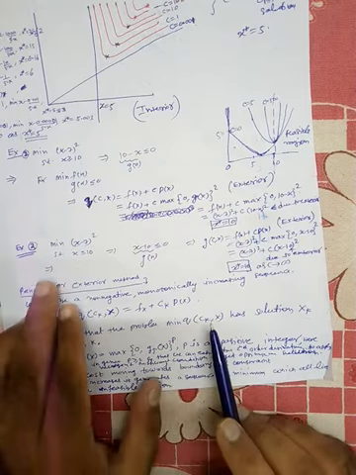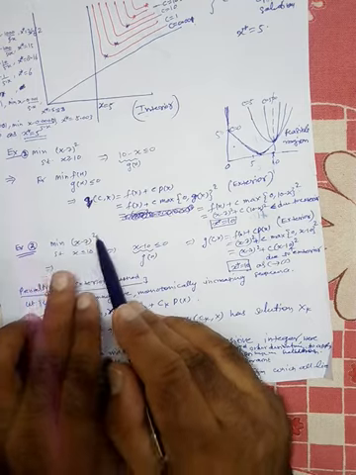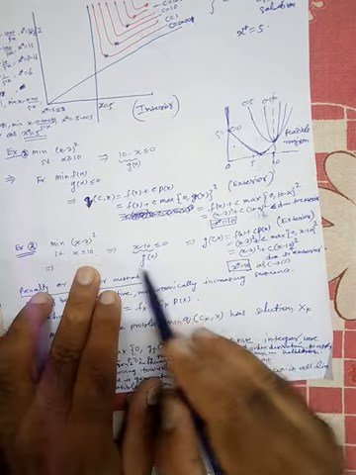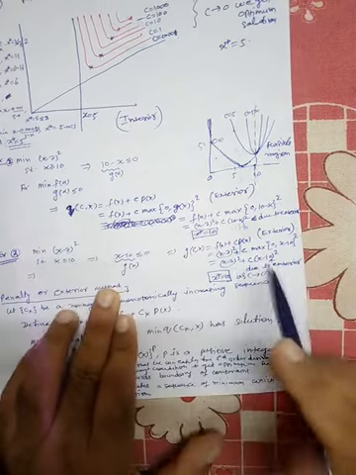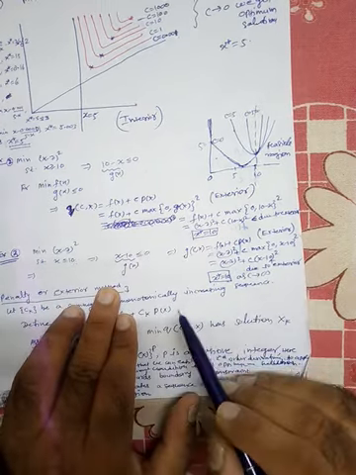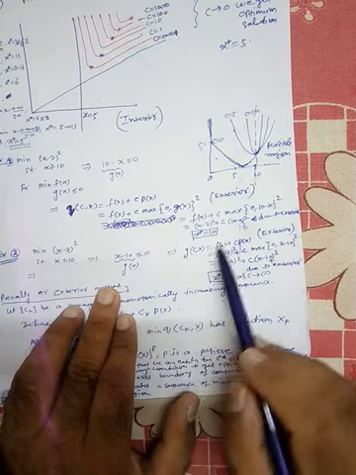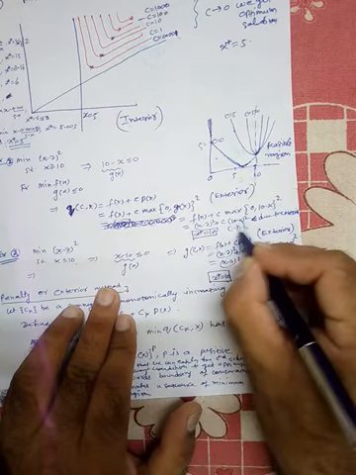Now, if you slightly change the problem: minimum of (x minus 7) whole square subject to x less than or equal to 10. So your g(x) will be x minus 10 less than or equal to 0, and then your problem is like this, with c tending to infinity.